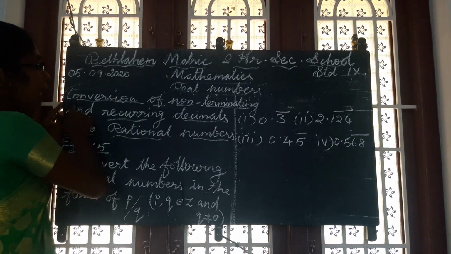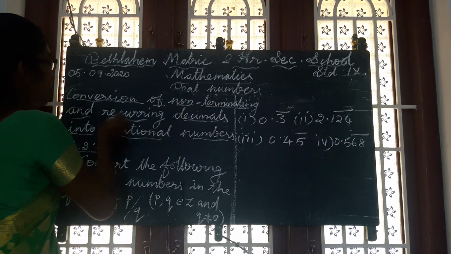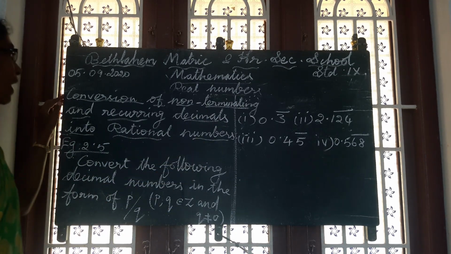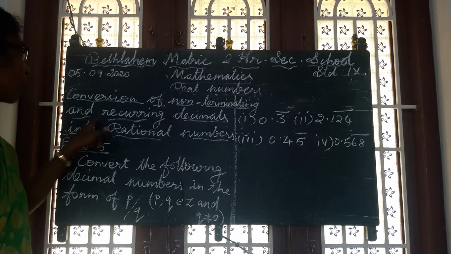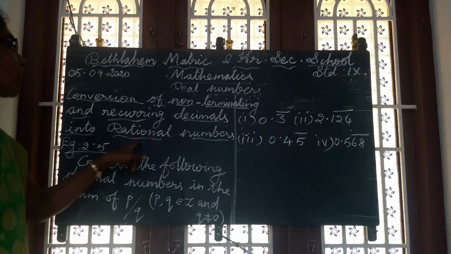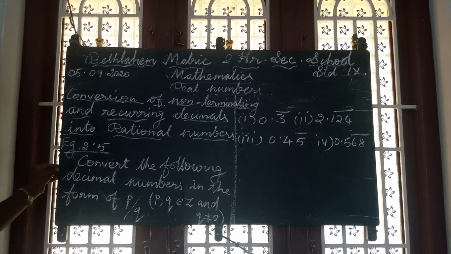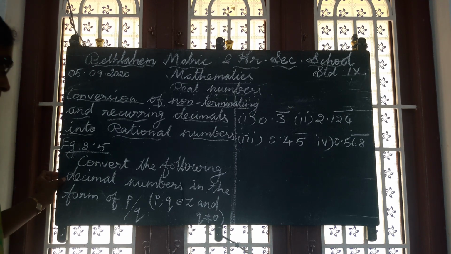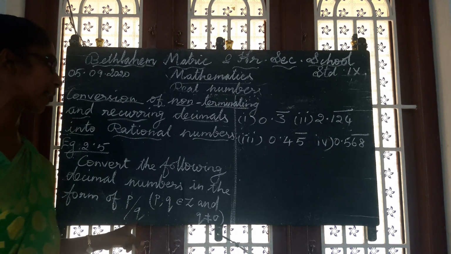Next, conversion of non-terminating and recurring decimals into rational numbers. Example 2.5. Convert the following decimal numbers in the form of p by q.